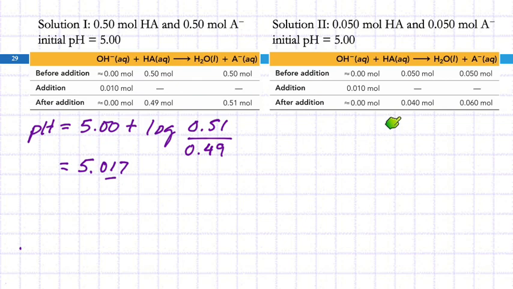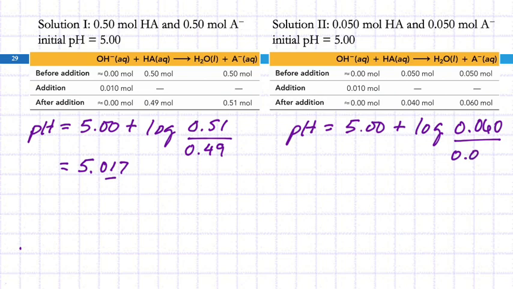Doing the same thing over here, the base is 0.06 and the acid is 0.04, giving 5.176.